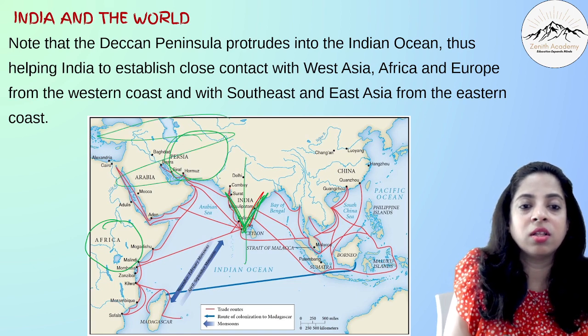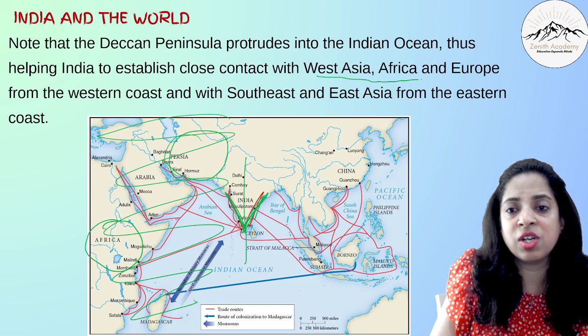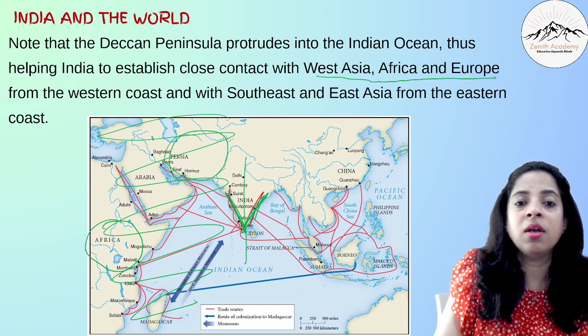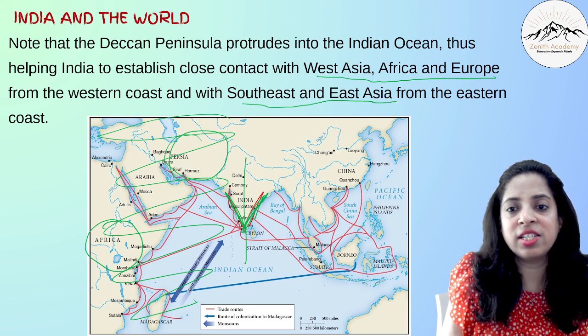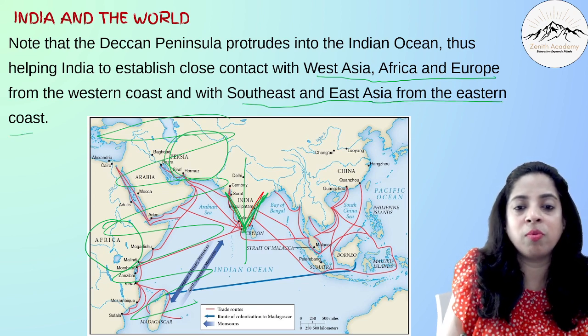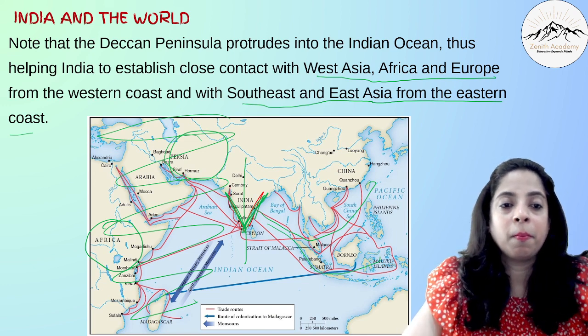So on the western coast you have West Asia, Africa and Europe, and with Southeast and East Asia from the eastern coast. So from the eastern coast it is connected well to these places as well.